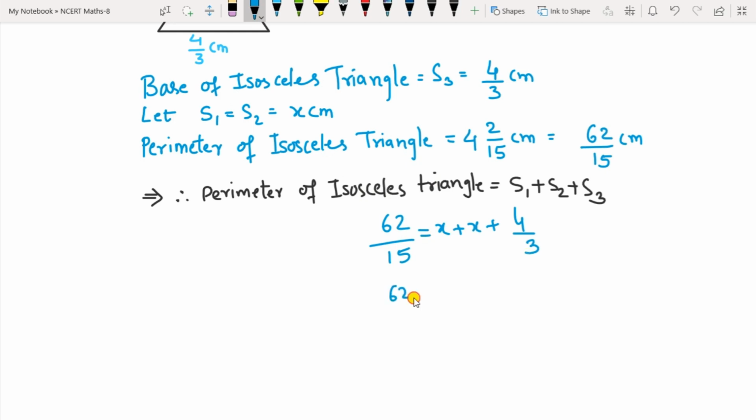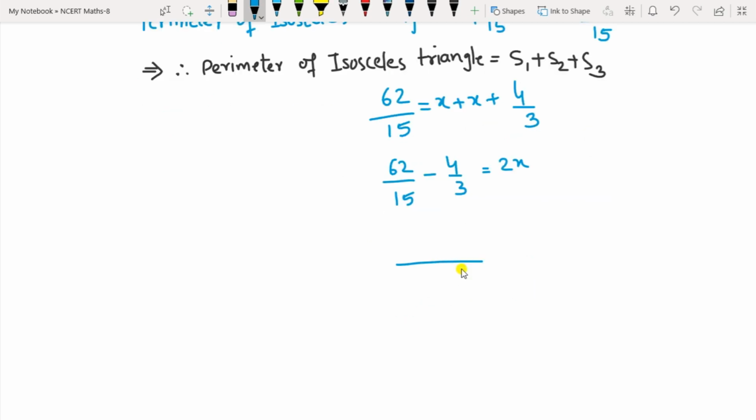So now 4 by 3 comes to this side, it becomes 62 upon 15 minus 4 by 3 equal to 2x. Now you have to take the LCM. The LCM of 15 and 3 is 15. Multiply each term with the LCM. You will get 62 minus 20 equal to 2x. That becomes 42 by 15 equal to 2x.